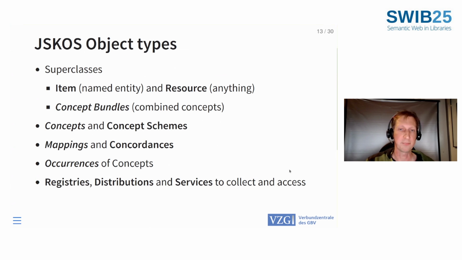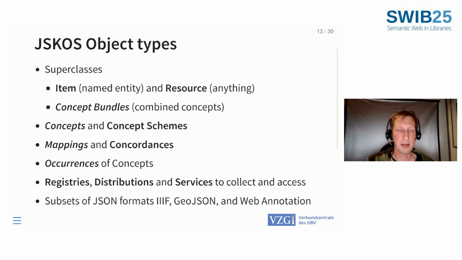Yeah, so this can also be stored and looked up. And we use this in particular in BARTOC registry to store information about all of these terminologies. Yeah, and there are JSON types for IIIF and GeoJSON and web annotation. So these are included in JSKOS data format, but it's basically a subset of the existing standards.